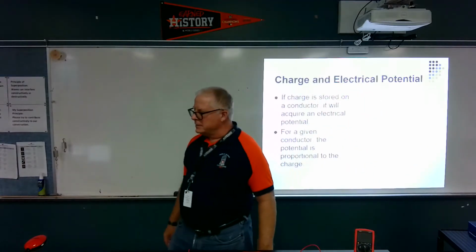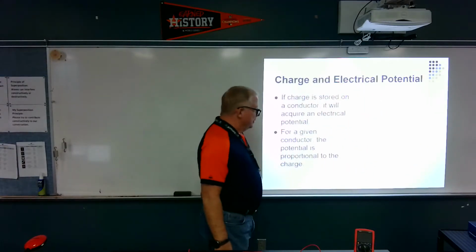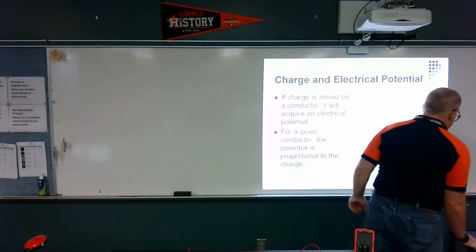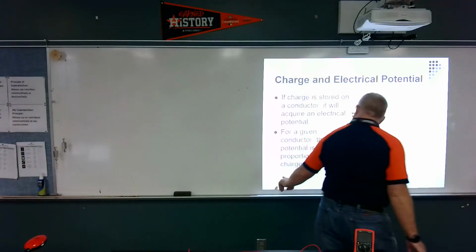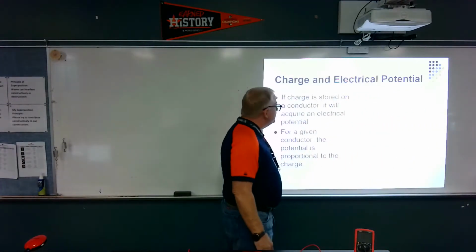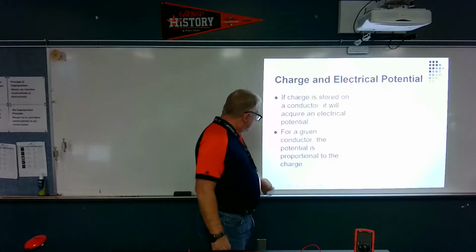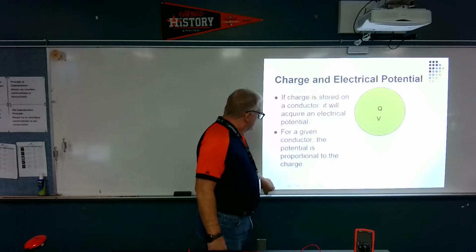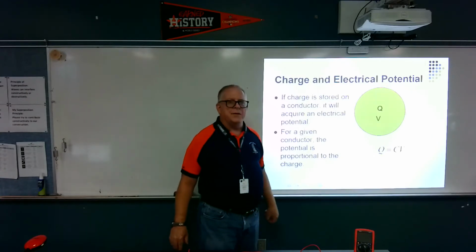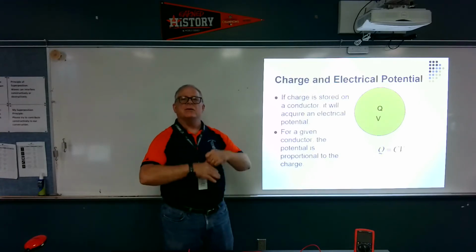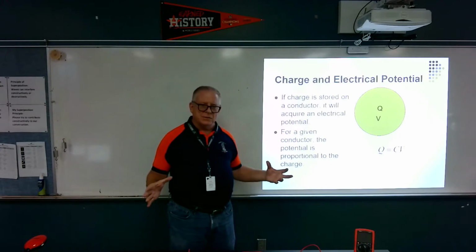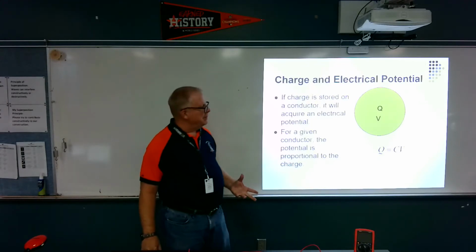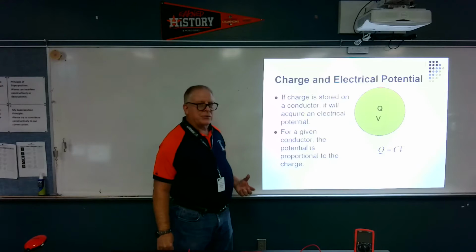And the capacitance is defined like this. Let me move this out of the way. It's the proportion of the amount of charge you put on something to the potential difference that is created, the potential energy per coulomb of charge, right? The potential difference that is created on that conductor.